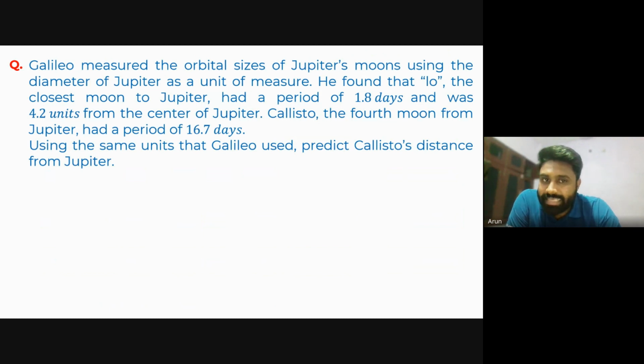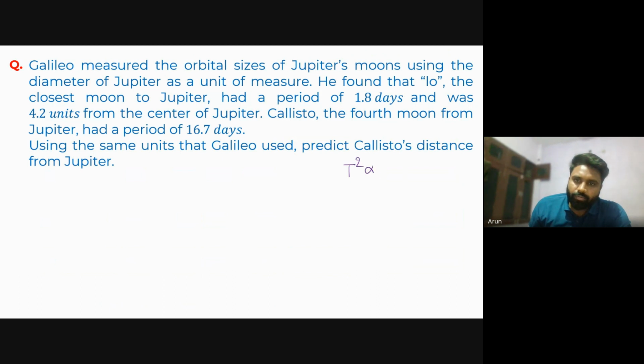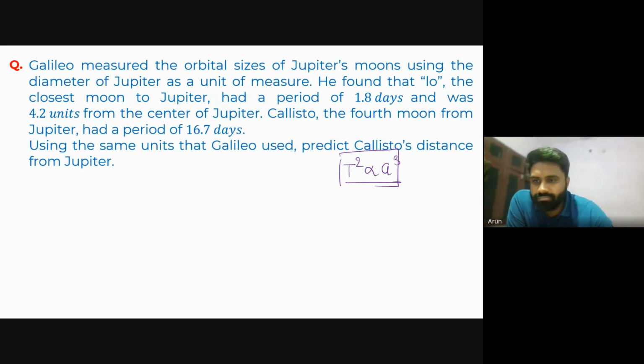Using the same unit that Galileo used, predict Callisto's distance from Jupiter. I have given you 1 minute to solve this question. The formula that will apply is T square is directly proportional to A cube.